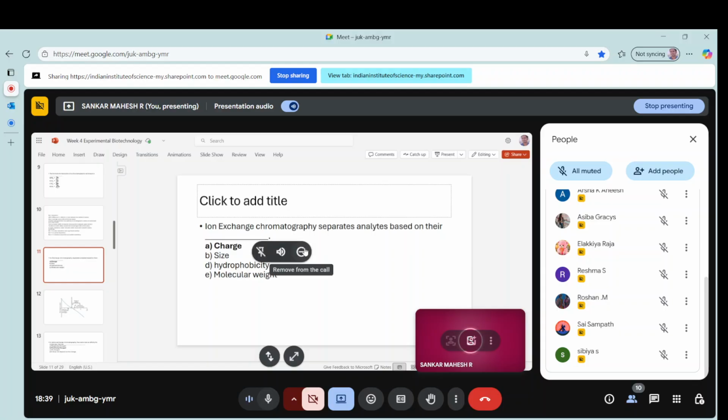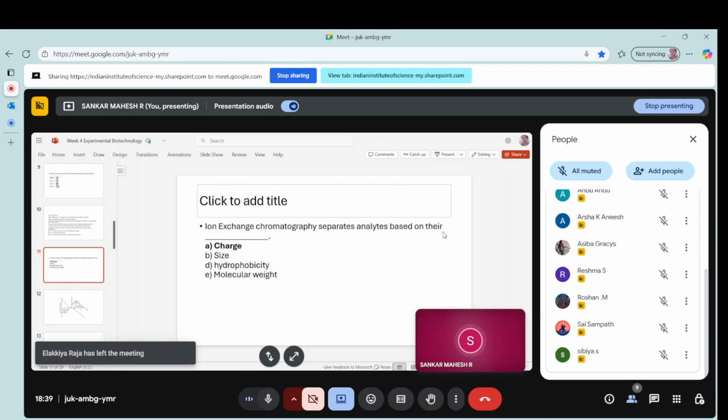Okay, from the name itself, we can try telling this. Ion exchange chromatography separates based on ions, cations or anions. Among these four options, the one that defines an ion is charge.